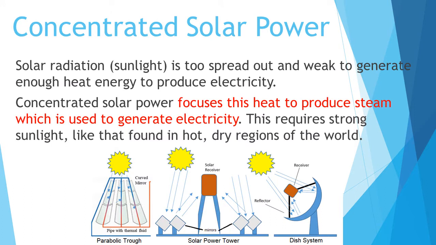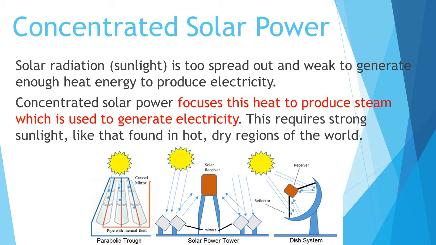Now we've got two different types of solar energy. The first is concentrated solar power. In order to understand this, we need to first realize that solar radiation or sunlight is too spread out and weak to generate enough heat to produce electricity.